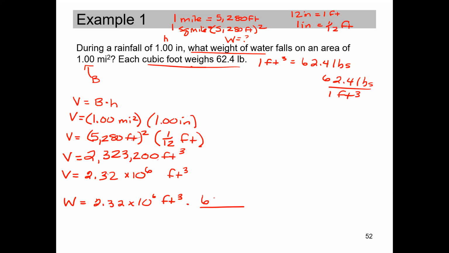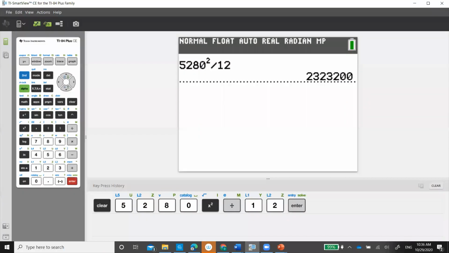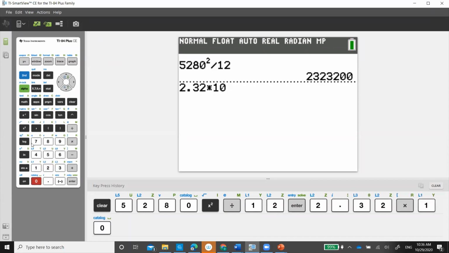So when I do that, cubic feet would cancel, and you would have 2.32 times 10 to the 6 times 62.4. Let's do that on the calculator. And then with scientific notation, you can write it as 10 and then to the 6.